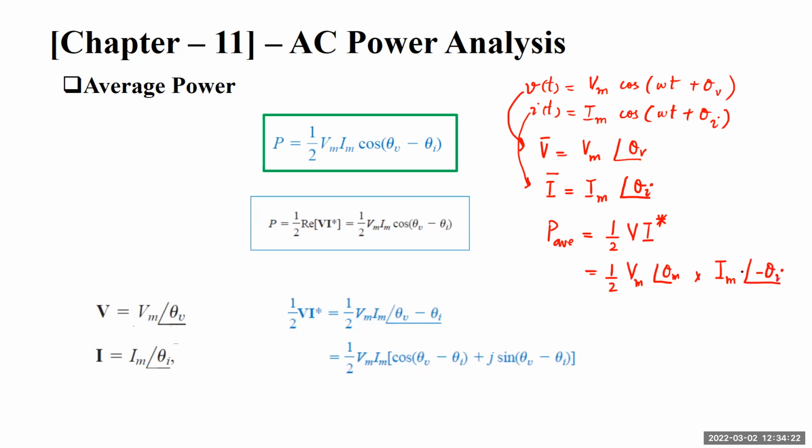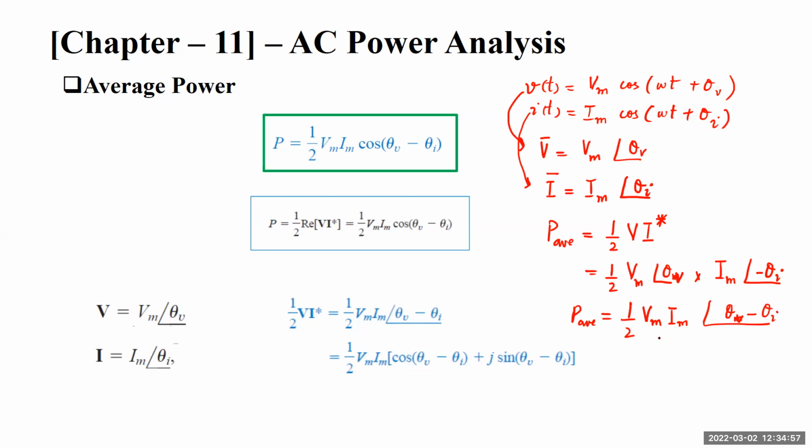So what we get is half, because if you are multiplying two phasors, the magnitudes will multiply and the angles will add up: theta v minus theta I. So this is what we get as the concept of average power.